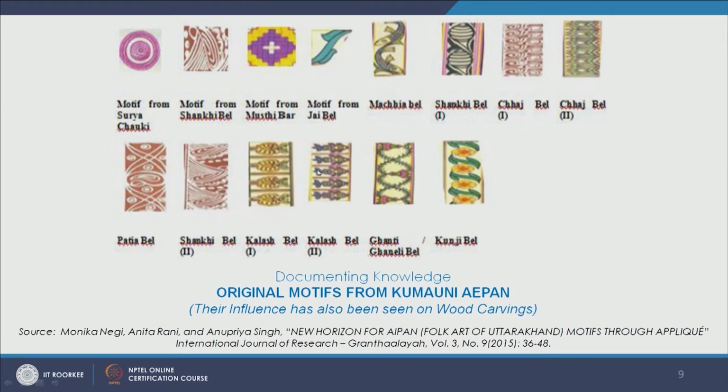After reading all this, we could understand that these motifs in Apan have also influenced the wood carvings. So when we see the wood carvings on the facade of these traditional houses, we see that what we see in the original Apan motifs is also replicated or interpreted in the wood carvings.